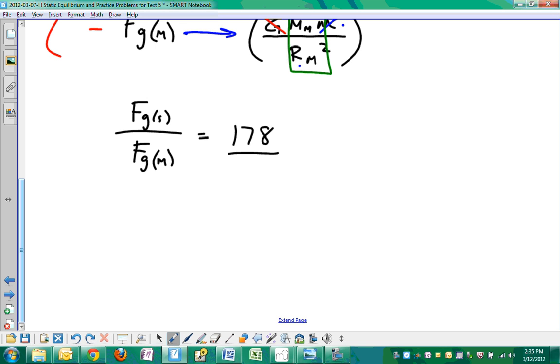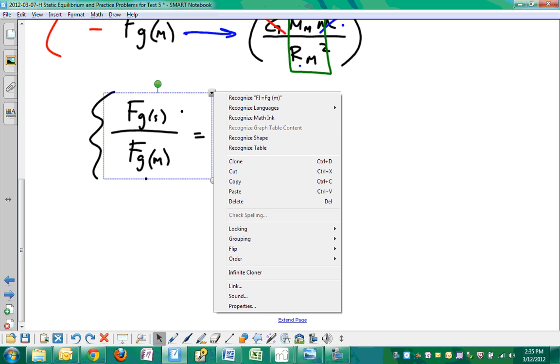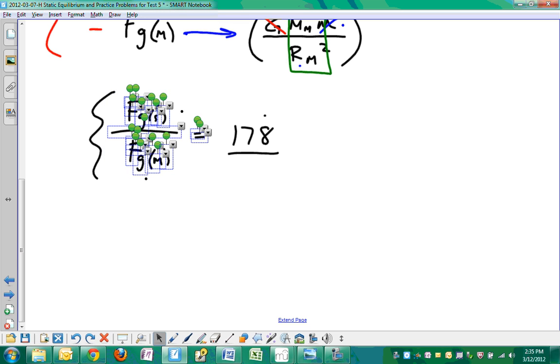And that is, as I said before, if we look at this ratio, we can say the force exerted by the sun is 178 times that exerted by the moon. You can see if we just rearrange this algebraically, all we've got to do is multiply each side by the force of gravity exerted by the moon.